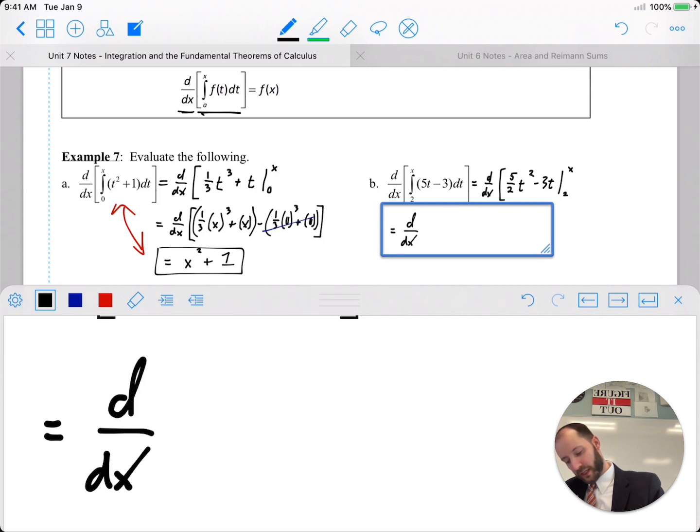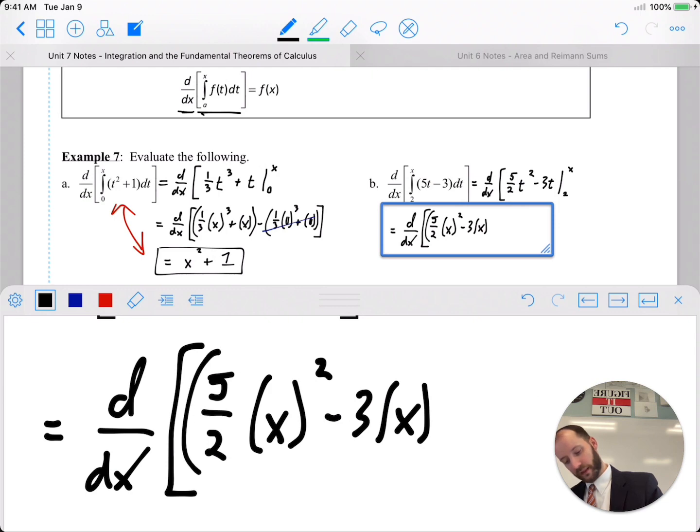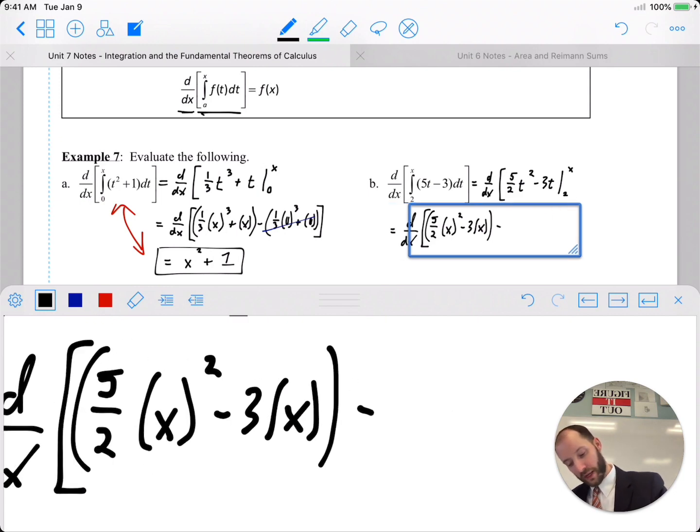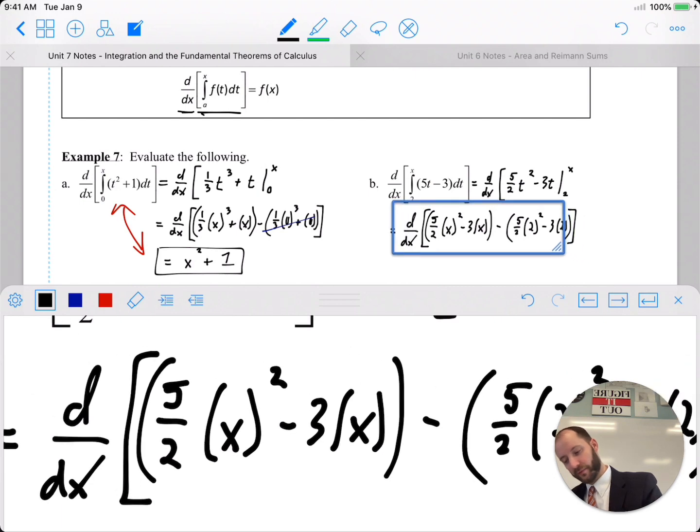So now we'll go ahead and plug in upper and lower bounds. So 5 halves x squared minus 3 times x. There's the upper bound, so x plugged in. Now minus the lower bound. So 5 halves times 2 squared minus 3 times 2. Close the bracket. And now take the derivative of all this. Well, the derivative of a number cancels out.